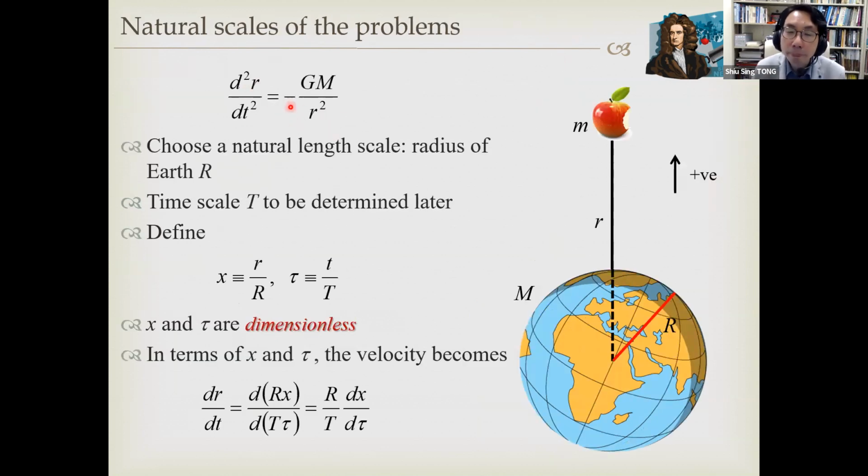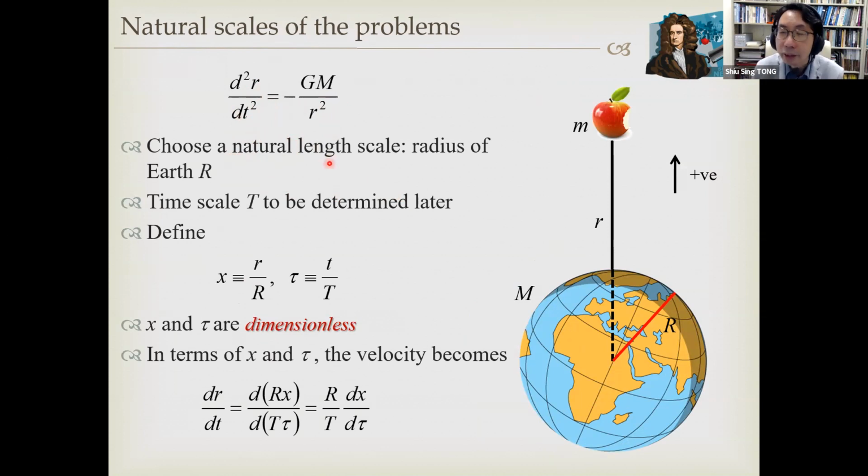Now for this problem, we may measure the distance by SI unit. For example, r by meter, t by second, and m by kilogram. We can measure that with SI unit, but that is not convenient.